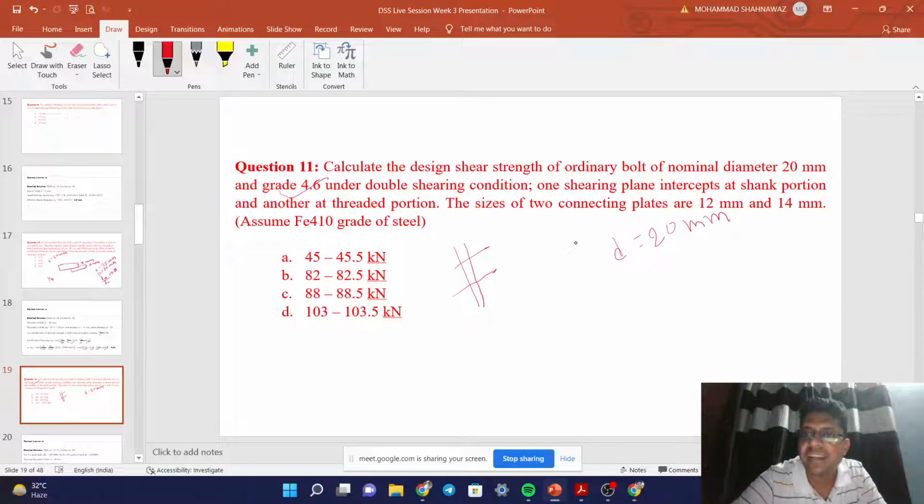One shearing plane intercepts at shank portion, so let us assume that this shear plane lies in threaded portion and this shear plane is not lying in threaded portion. The sizes of two connecting plate are 12 and 14. Okay, so please report design shear strength VDSB. Please calculate.